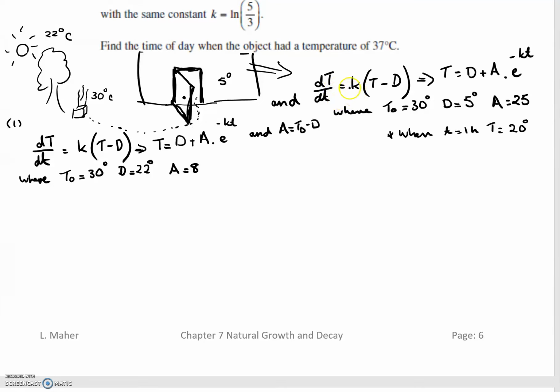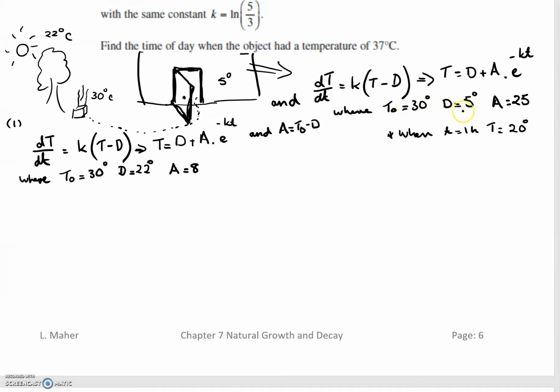where the rate of cooling is proportional to the difference in the temperatures, and a solution to that is still the same solution, where T would be equal to room temperature plus the difference times e to the minus kt. So the temperature was 30 degrees.